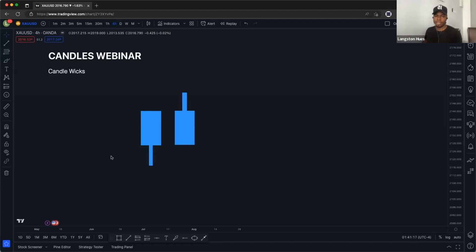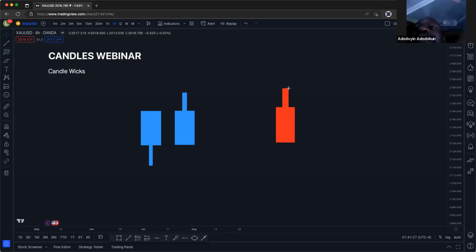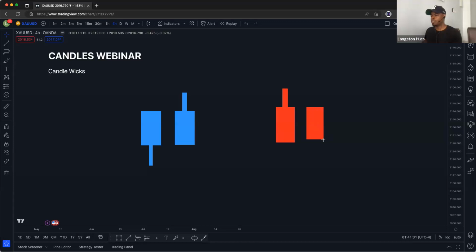Let's do the bearish example as well. You got a bearish candle, it's closing, no bottom wick, but it did form a top wick. And then likewise, you have a bearish candle that's closing. It has a bottom wick, but no top wick, right?